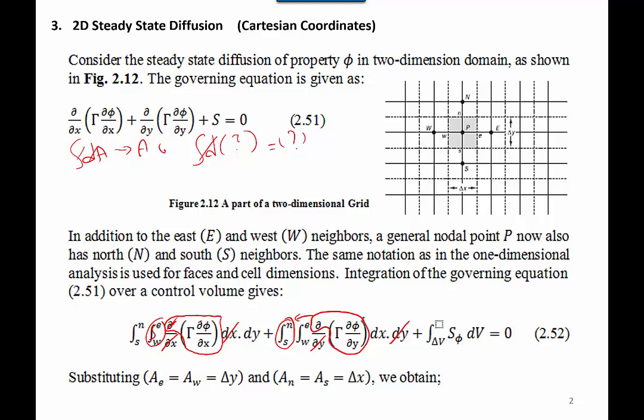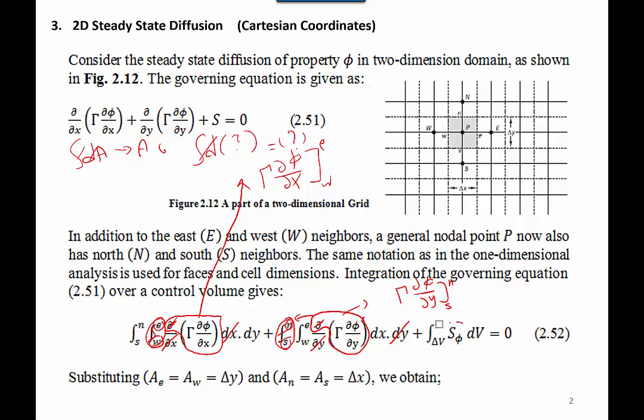The only thing left here will be gamma partial phi divided by partial x, and we take this limit of integration from west to east. Also this sign will disappear with this partial operator, and this will give us gamma partial phi divided by partial y, and the limit of integration will be from south to north.